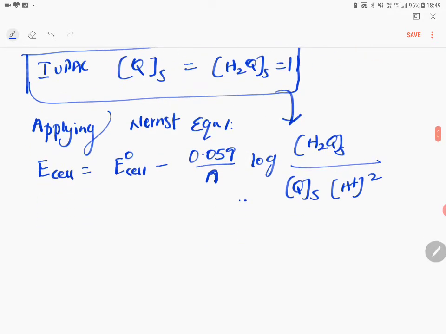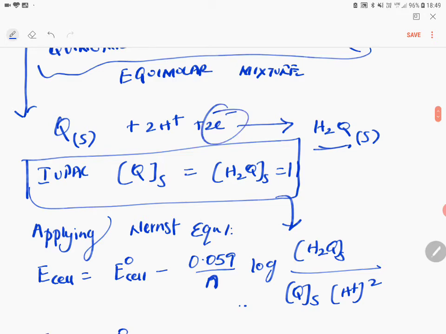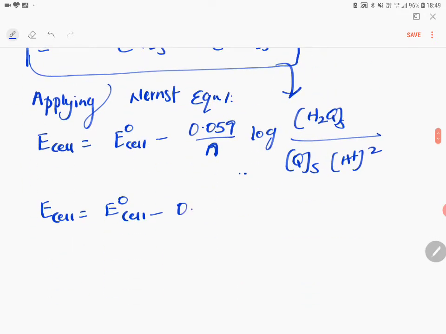Therefore, what we are going to get here is E cell is equal to E naught cell minus... So what is n here? n is equal to 2. Therefore, 0.059 by 2 log 1 by concentration of H plus whole square.